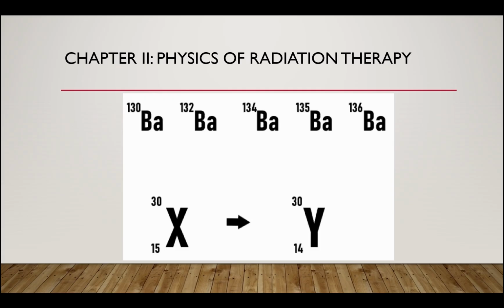During this emission, the number of protons decreases by 1. We notice here that from 15 it became 14, it decreased by one. That makes this element isobaric. From this parent nuclei, the daughter nuclei became a different element because the proton or atomic number has changed.